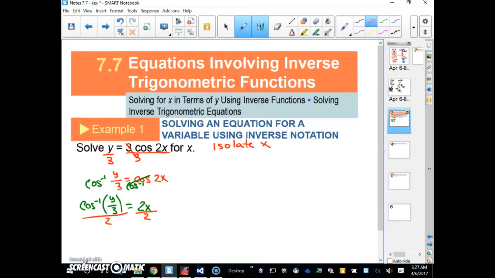And so at this point you can see that x is going to equal, it's not really standard to have a fraction on top of a fraction. So instead of saying divided by 2, I'm going to say 1/2 times inverse cosine of y over 3. That's it. Solve for x, isolate x, got it.